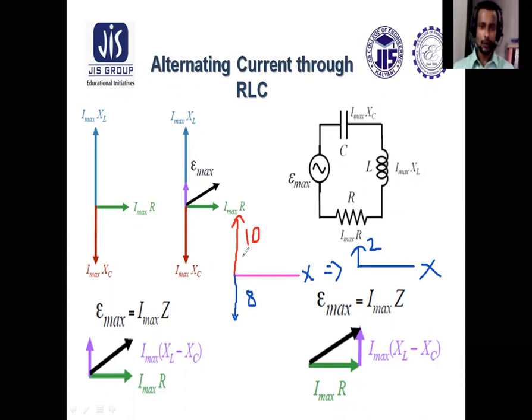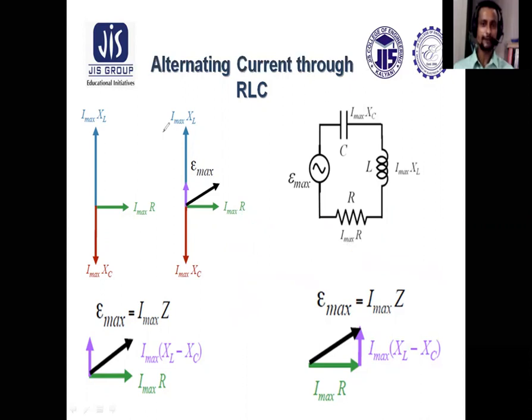So if one vector is in the upward direction and another vector is in the downward direction, then the resultant will be the difference between these two, and the resultant will have the direction of the greater one. As 10 is greater, the resultant will be in the upward direction.